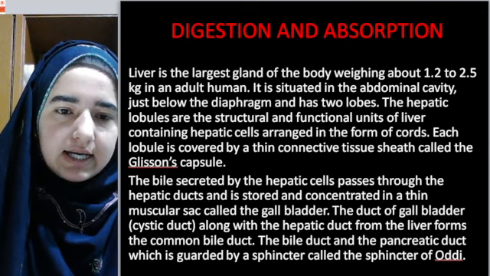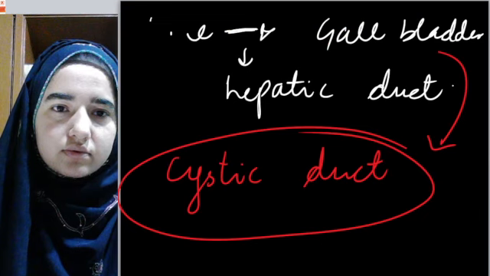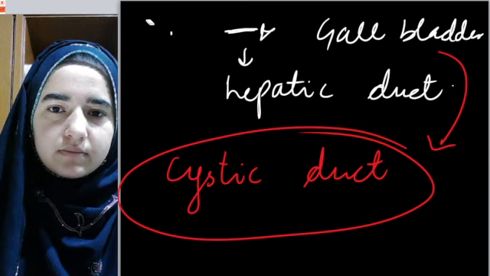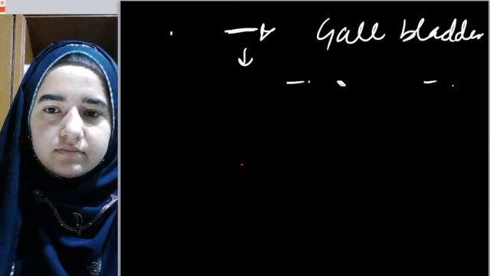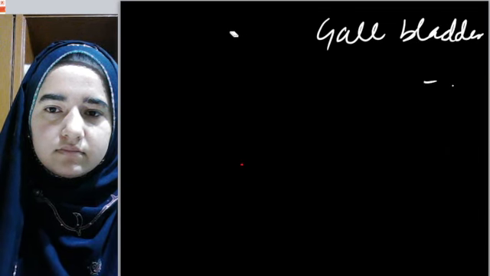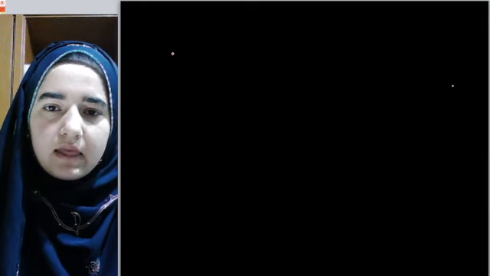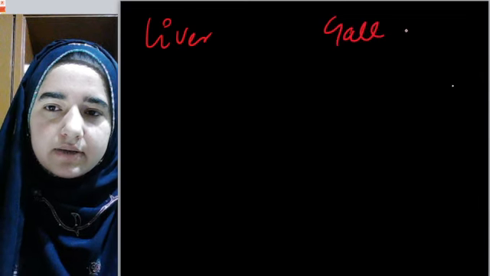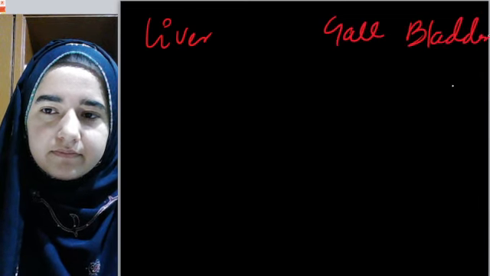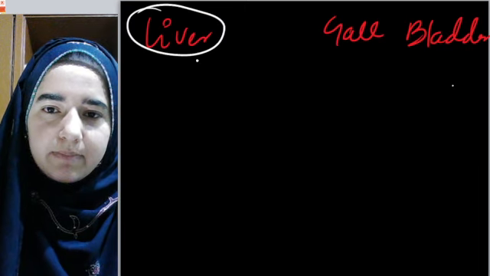I'll draw it so that you won't get confused. See, this is the liver, this is the gallbladder. The duct from the liver is known as hepatic duct.